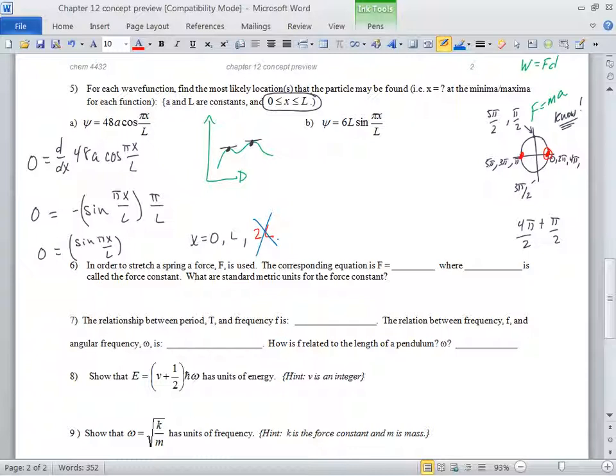So then we need to do the same thing now with B. Take the derivative and set it equal to 0, and see if you can figure out where the zeros are, where the maximum or the minimum of this function are. And that's at the zeros, where the slope is 0.